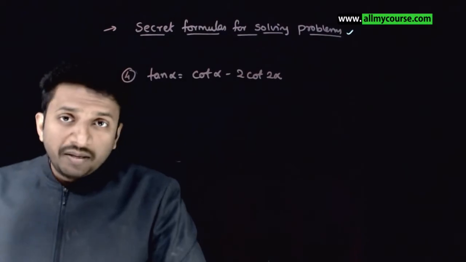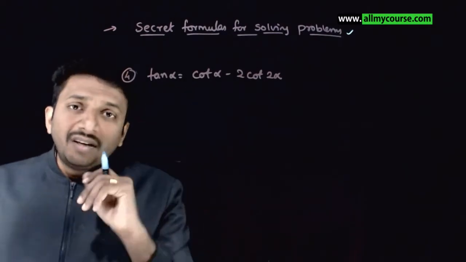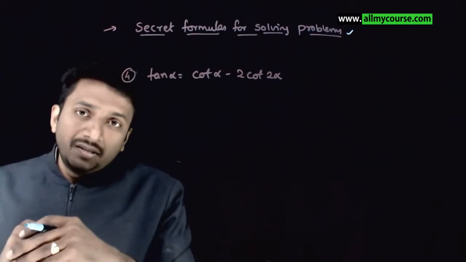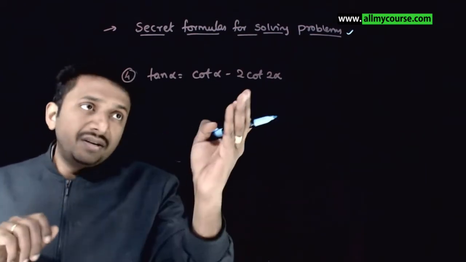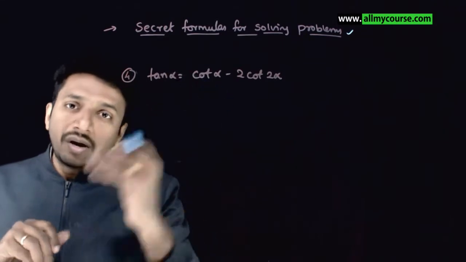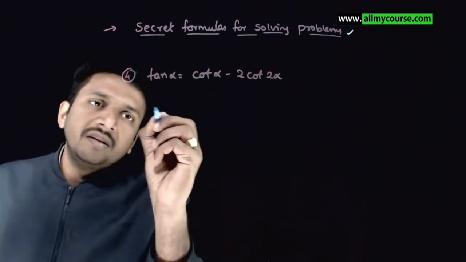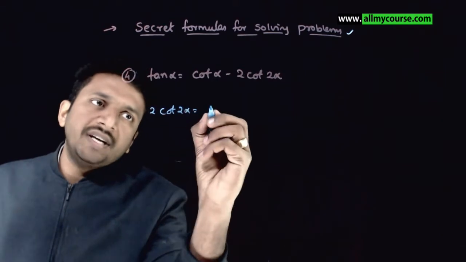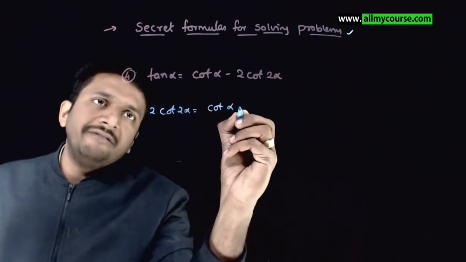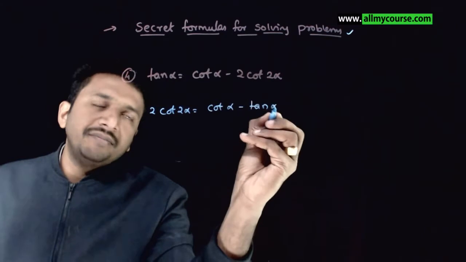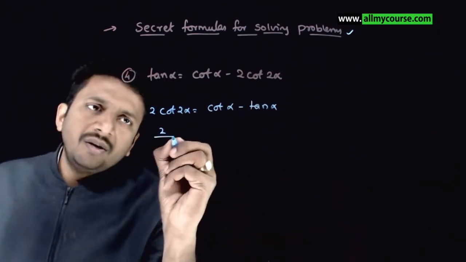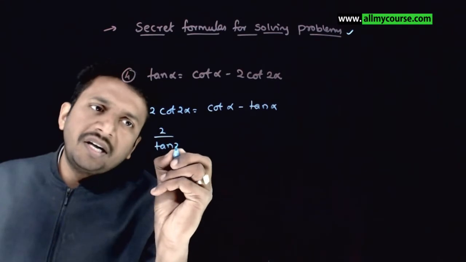So the last formula is tan alpha equals cot alpha minus 2 cot 2 alpha. Why is this happening? What I try to derive is 2 cot 2 alpha equals cot alpha minus tan alpha. Is this valid? 2 cot 2 alpha is nothing but 2 by tan 2 alpha.